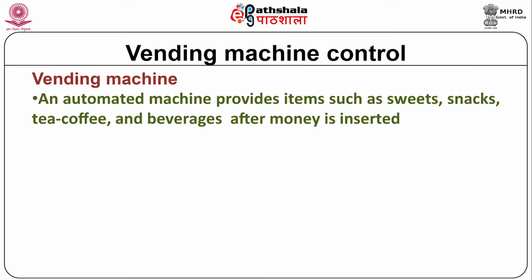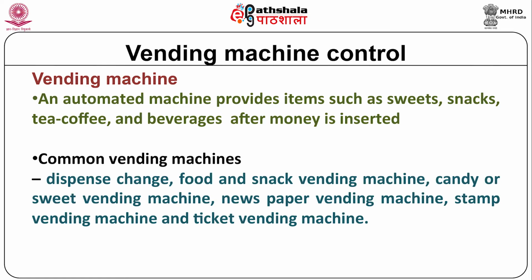Vending machines that provide less common products compared to traditional vending machines are also designed and distributed in the consumer market. The common vending machines are for dispensing change of currency, food and snacks, candy or sweets, newspapers, stamps, and tickets.